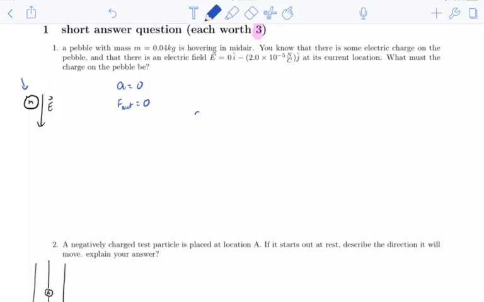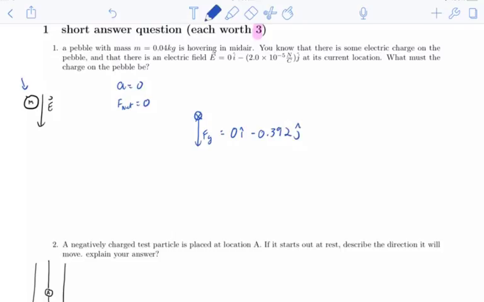one more force on it. And surely we can imagine what these forces are. There's gravity pointing down. I can calculate exactly how strong gravity is too: 0.04 times 9.81. So gravity is 0 i hat minus 0.392 newtons j hat.